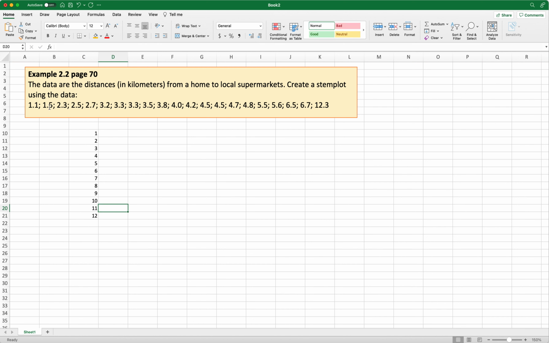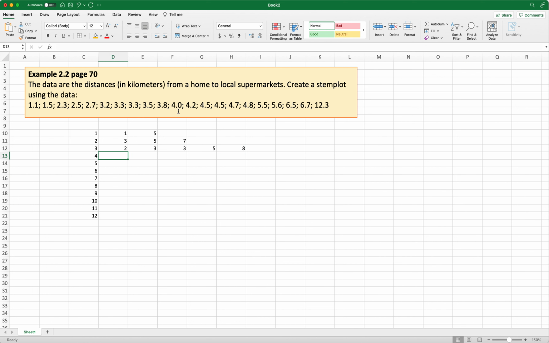So we have 1.1 and 1.5, so I'm going to write 1 in each cell: 1 and 5. Then we have 2.3, 2.5, 2.7. Then we have 3.2, 3.3, 3.3, 5, 8.